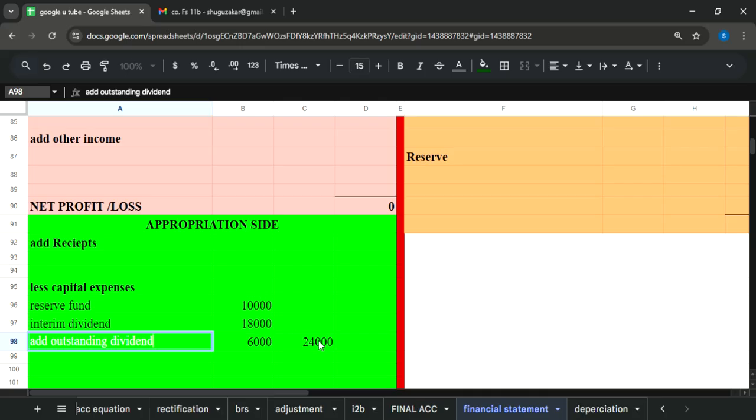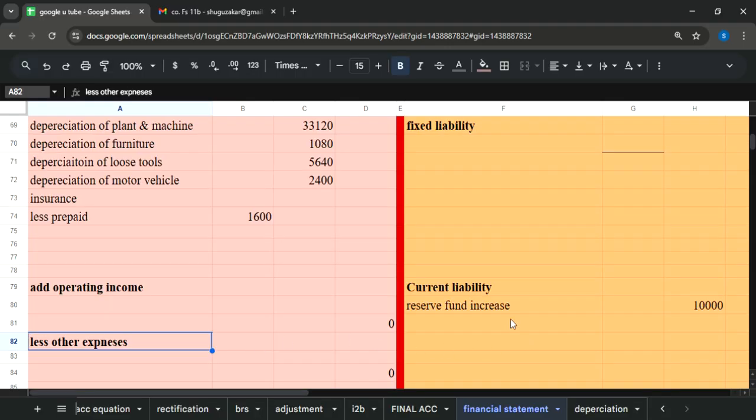It means out of 24, only 18 has been paid. So the remaining 6 is still to be paid and it would be considered outstanding. Now note it down. Only the interim dividend of 6,000 would have a second effect.